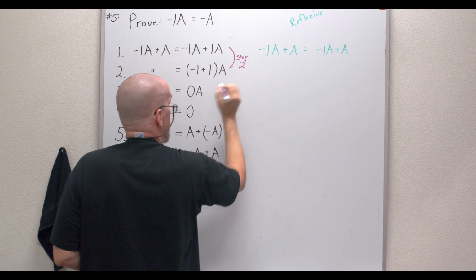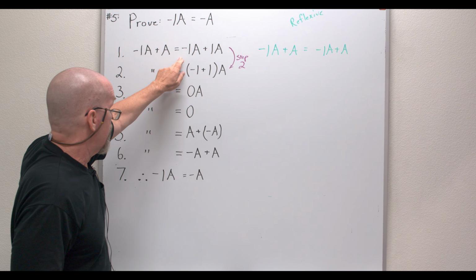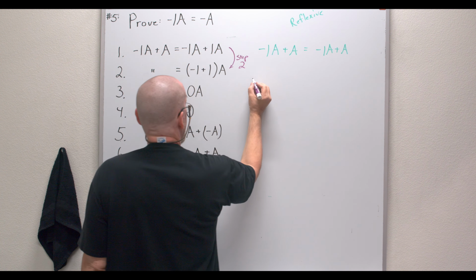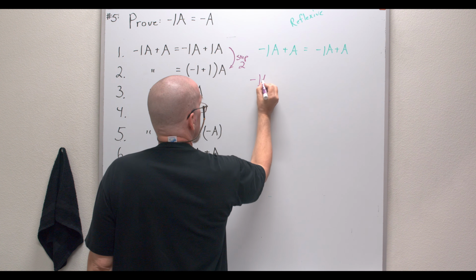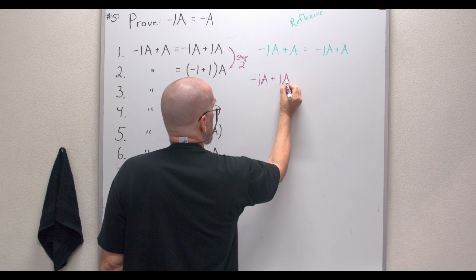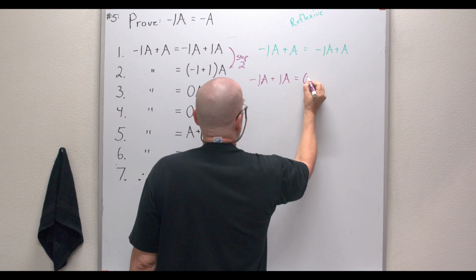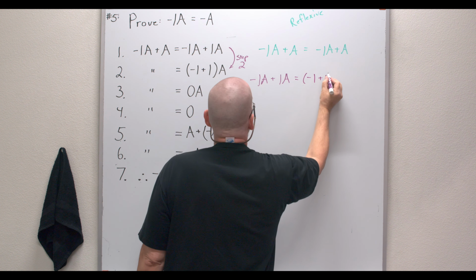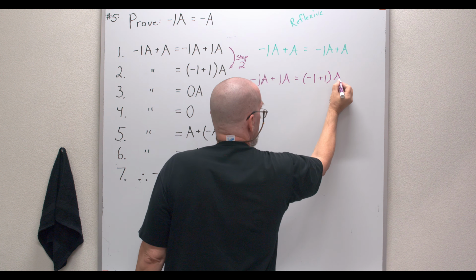And I want to look at what they've done for that. They messed with the right side, so they took the negative 1a plus 1a and rewrote it that way.